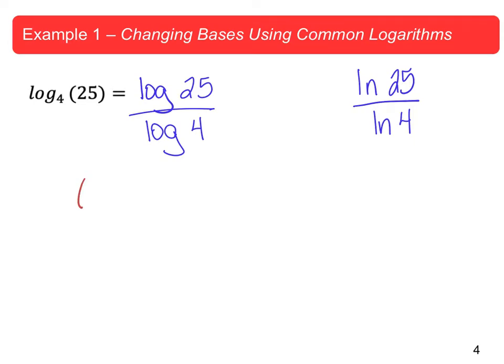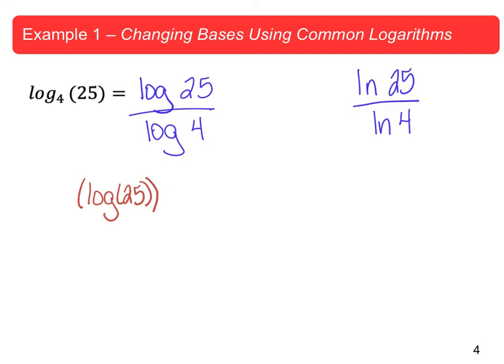So I'm going to start with a parenthesis, and then I am going to put log, and as soon as I hit log on my calculator, it puts a parenthesis. You don't have to put that. It puts it automatically. And so I am going to put log of 25 inside the parenthesis for my log.